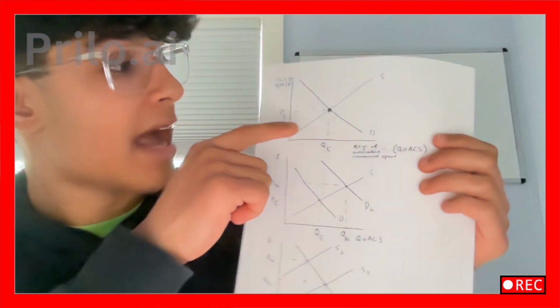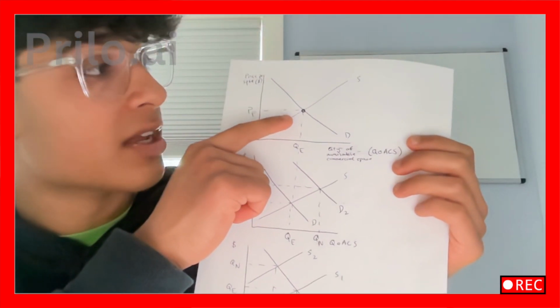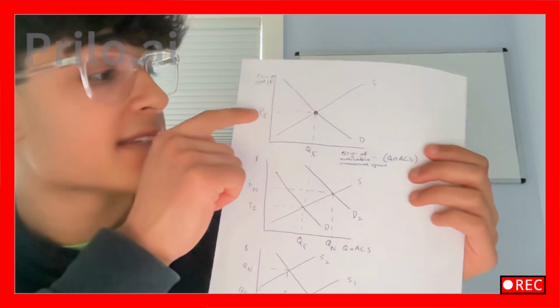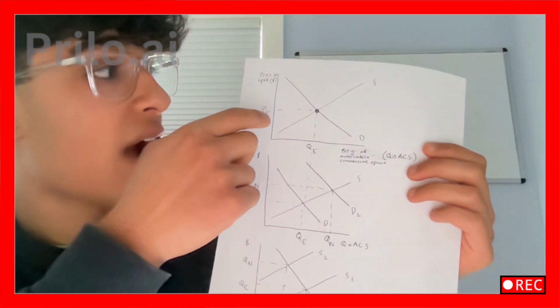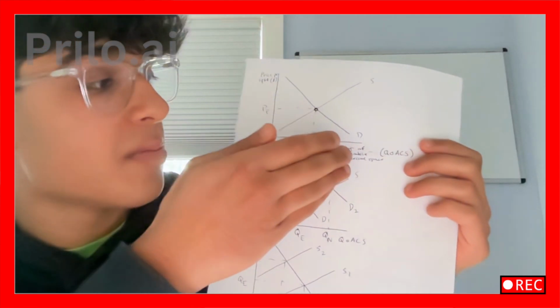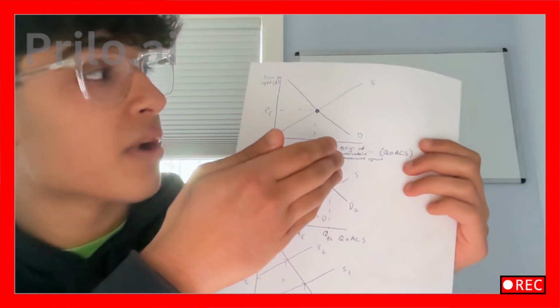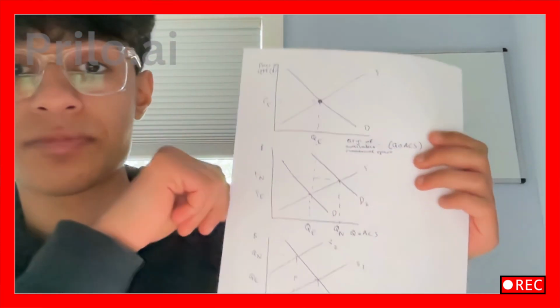Right? So at this point where the supply and demand curves meet, that's called the equilibrium, which creates the equilibrium price and equilibrium quantity. For this graph, the quantity is the amount of available commercial space, and the price is price per square foot.